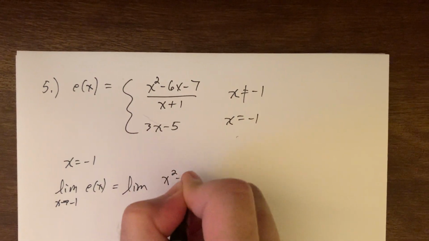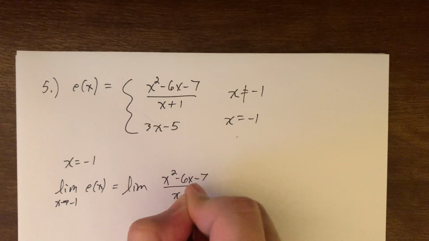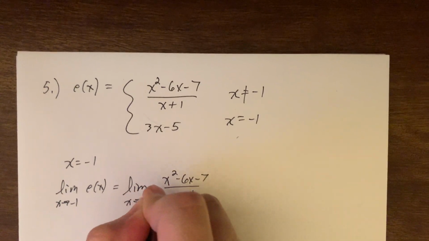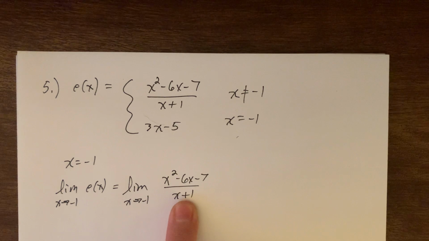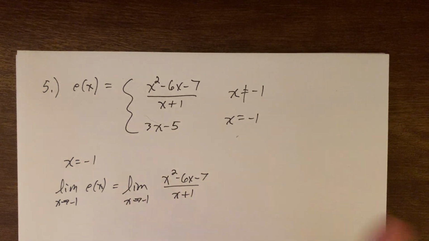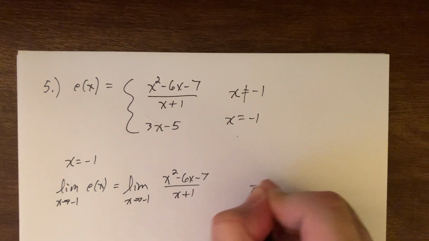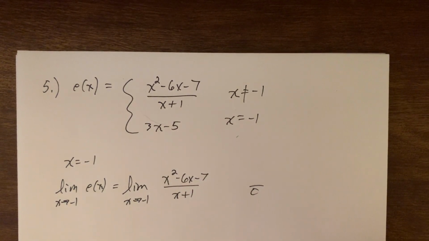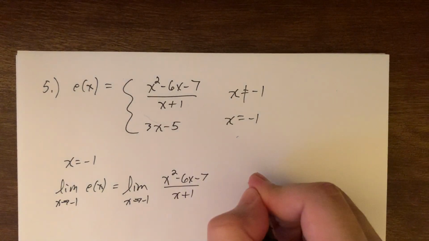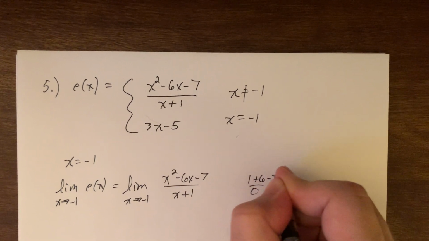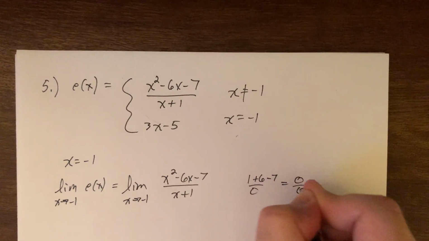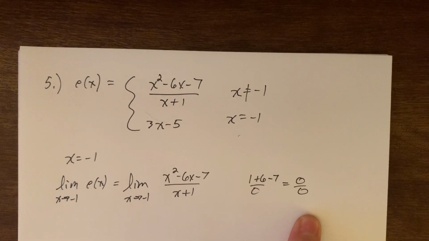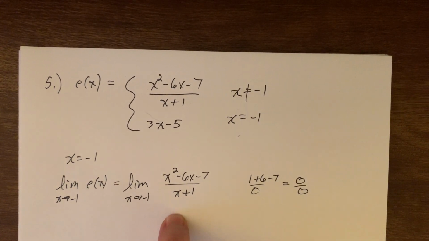I get to use this piece for both left and right. So I try and plug in. I get -1 plus 1, 0 on the bottom. All right, some trouble's coming up. But in the top, I get 1 plus 6 minus 7. I'm getting 0 over 0. So I need to manipulate.